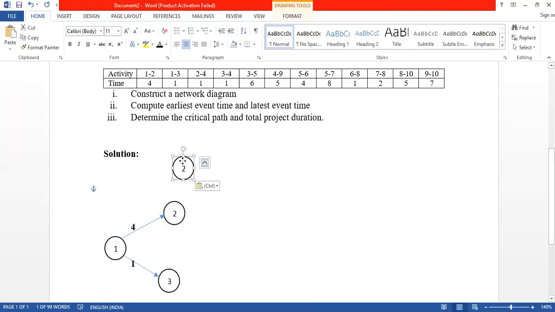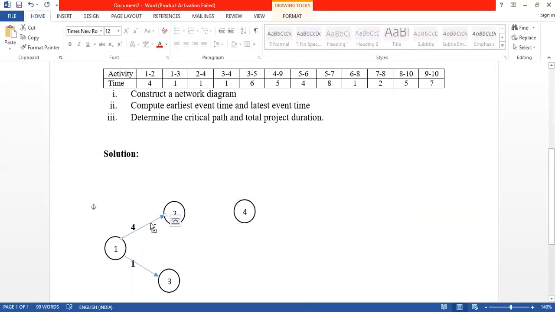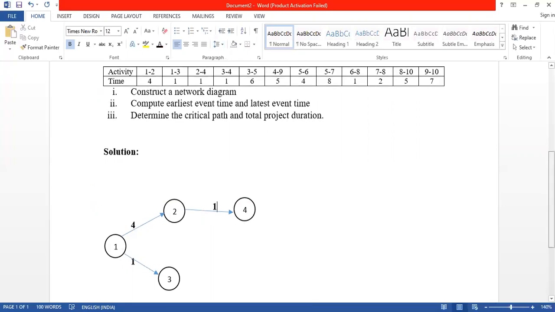Again this is an activity, and it is also taking 1 hour time.